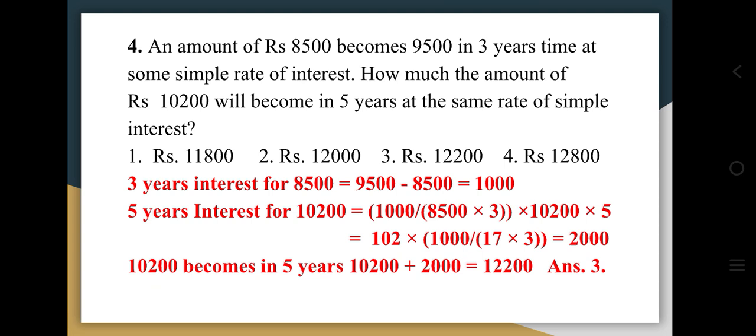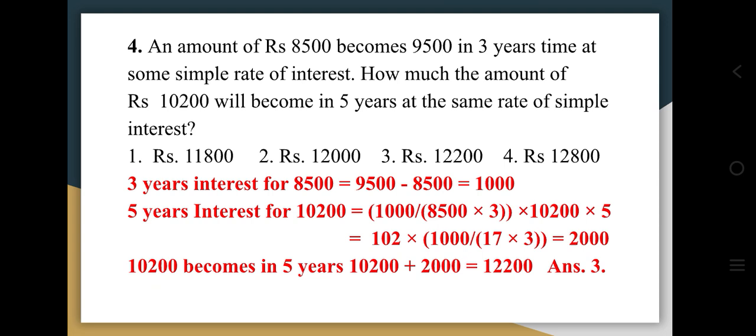So if you simplify, it is 102 into 1,000 divided by 17 into 3.